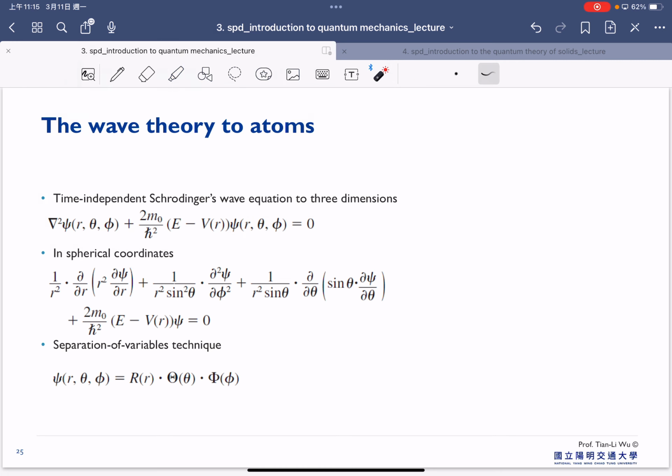The general concept is the same. We just try to apply wave theory to the atom. In this case, we have to consider spherical coordinates here. And we also apply the separation of variables technique, but now you have to consider three different coordinates.